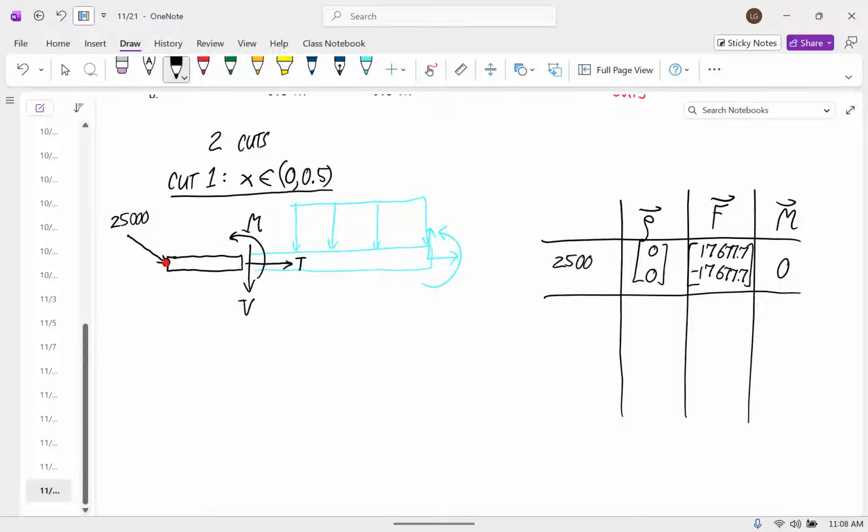And then we'll go to T. This piece has a length of x, and so the row vector is x, 0. The force vector is T, 0. Cross product is 0.